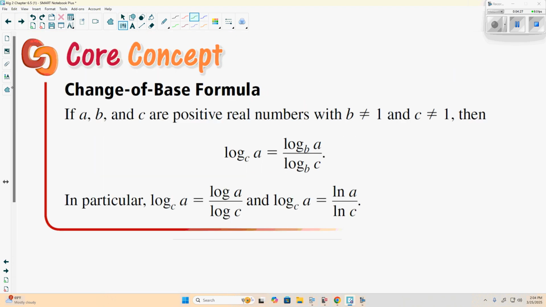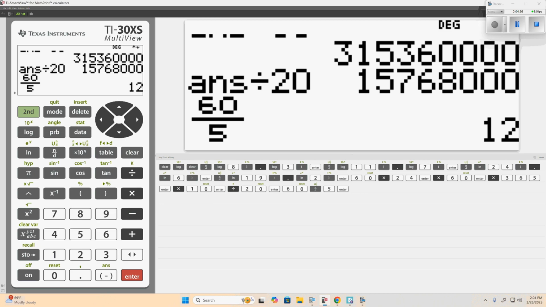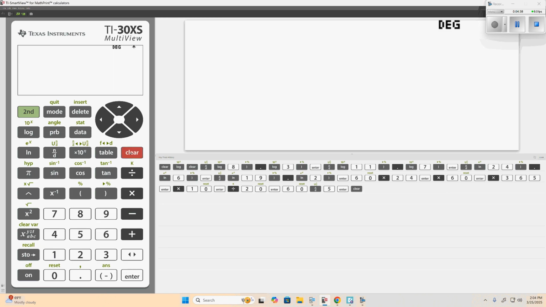Now the last thing we're going to look at with this here is the change of base. Change of base lets us change the base of any logarithm. Now the reason this is nice is because the 30xs here, the log button is in base 10. So if I could rewrite the log or change the log to base 10, we can use this here.